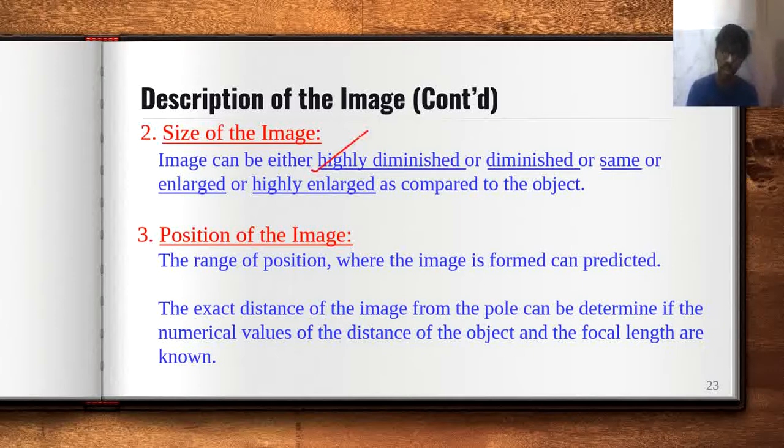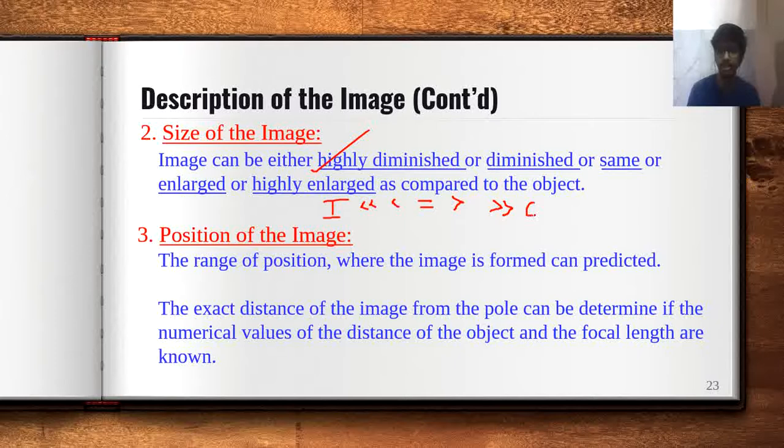First, whether it is highly diminished, that means it is very, very small, which you can say is zero size or point size. Whether it is diminished, in the sense the image is smaller than the object, or it is the same size. So the image can be very small, or small, or equal, or large, or highly enlarged.